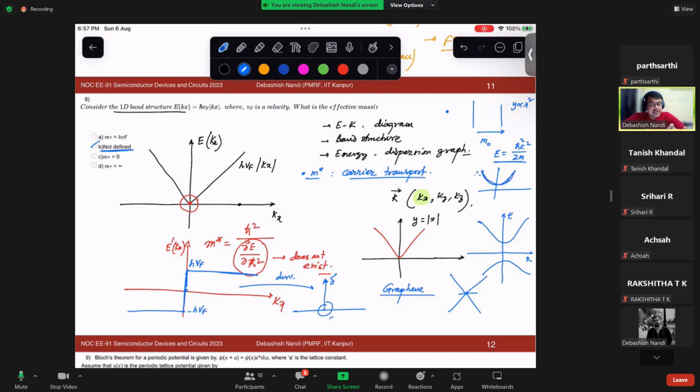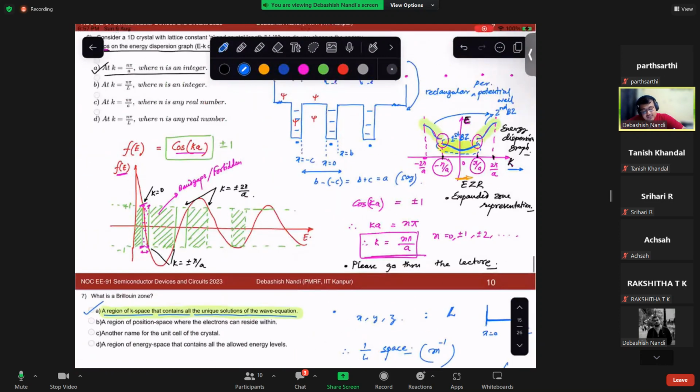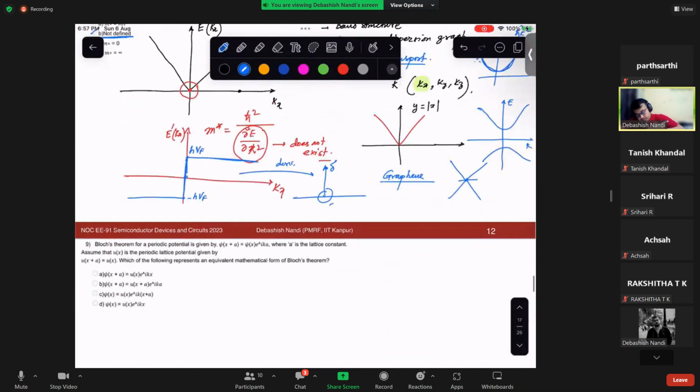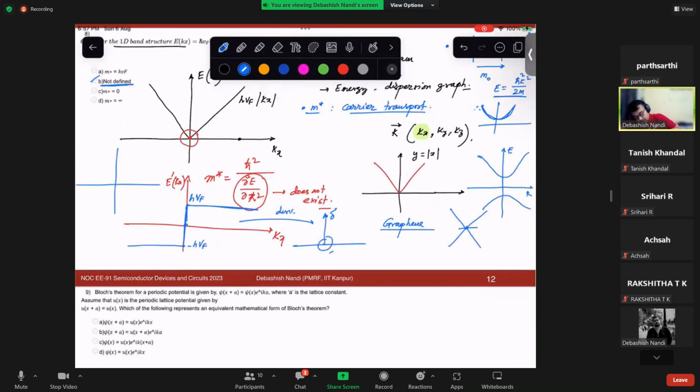This is for a free electron, but for a crystal the structure is like this. It is not actually a parabola, okay? It is a parabola only for a very small region. Let me explain. Suppose this is the crystal E-k diagram, and your free electron diagram will be like this.